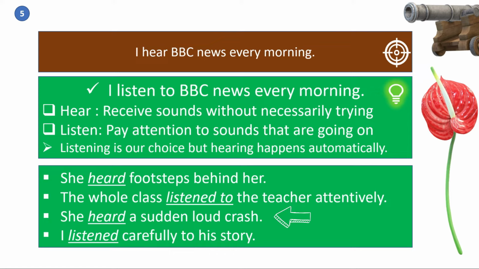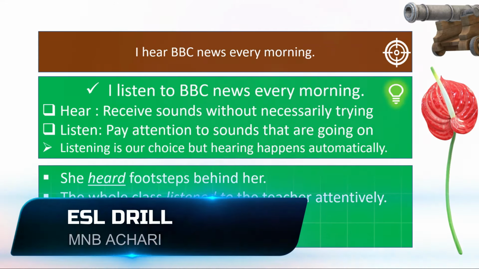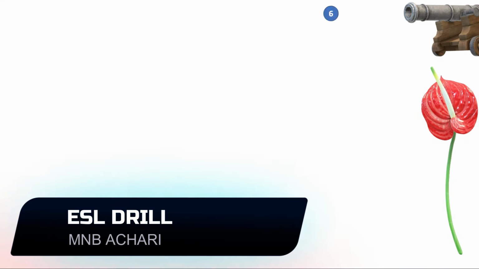Next, she heard a sudden loud crash. She did not expect it. That's why we have used the word sudden. I listened carefully to his story. Here it shows that I paid real attention, very good attention to listen to his story. Okay, I hope that is clear. Now let's move to the next question, that is number 6.